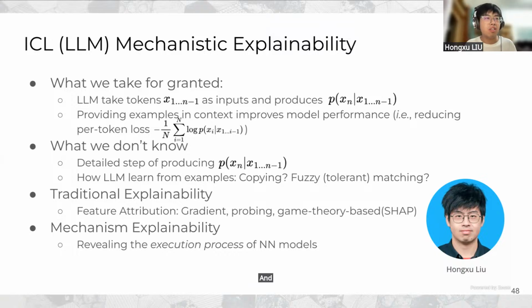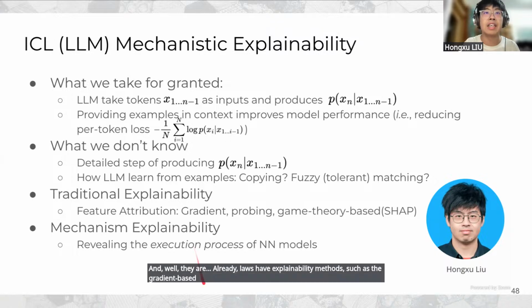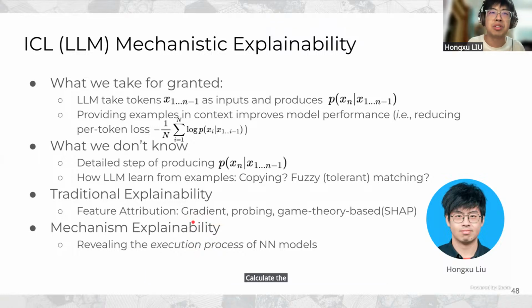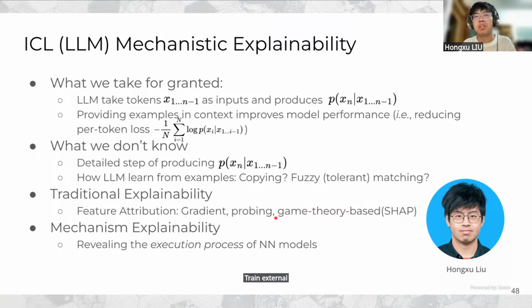There are already lots of explainability methods, such as the gradient-based ones, where we calculate the partial derivatives with respect to some input or intermediate model states, or probing, where we train external classifiers on model states.